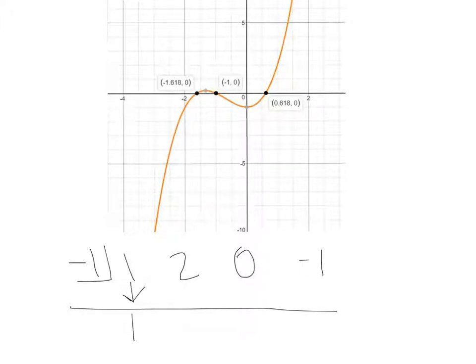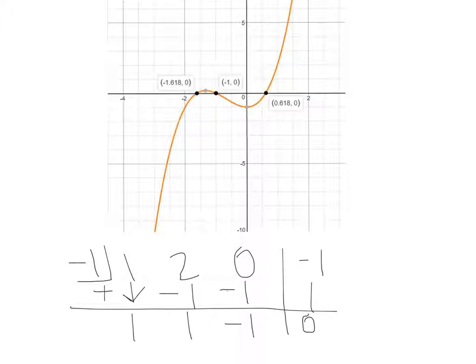Bring down the 1. 1 times negative 1 is negative 1. 2 plus negative 1 is 1. 1 times negative 1 is negative 1. 0 plus negative 1 is negative 1. Negative 1 times negative 1 is 1. And we get 0 as our remainder.